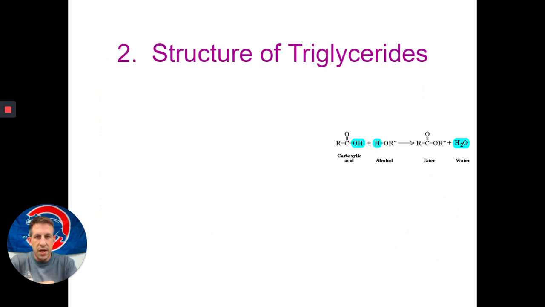Let's now talk about how we put the polymers of lipids together. We'll discuss the structure, and where we can see these fatty acid monomers. When we put these monomers together into their polymer structure, they form something called a triglyceride.